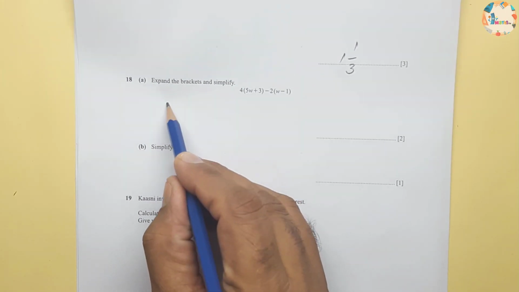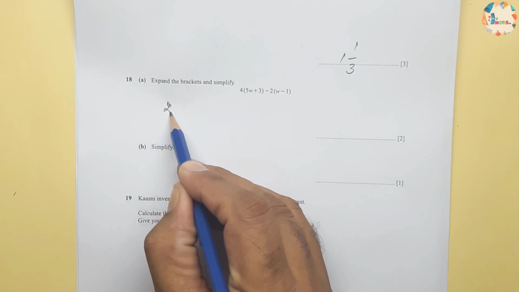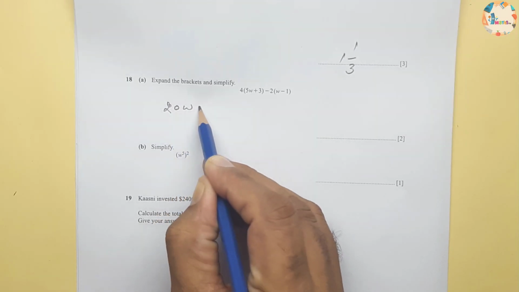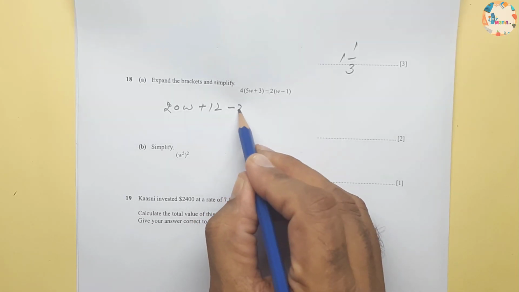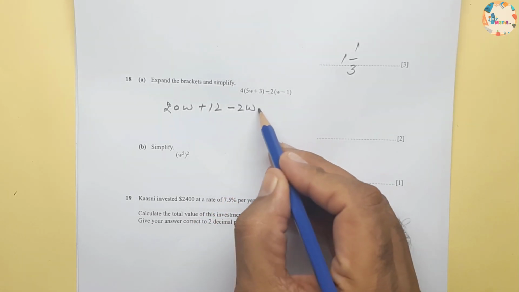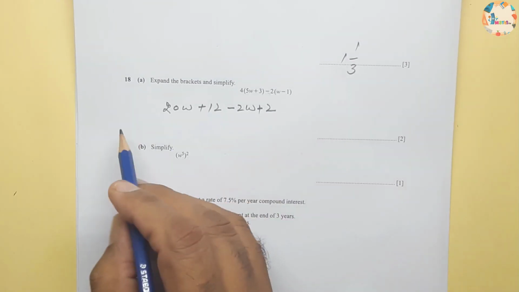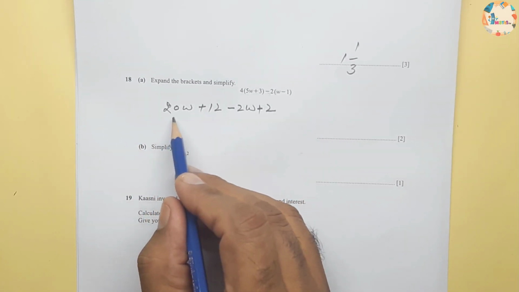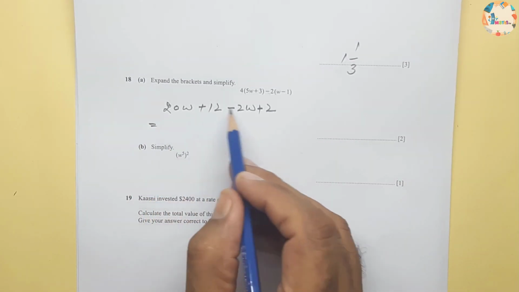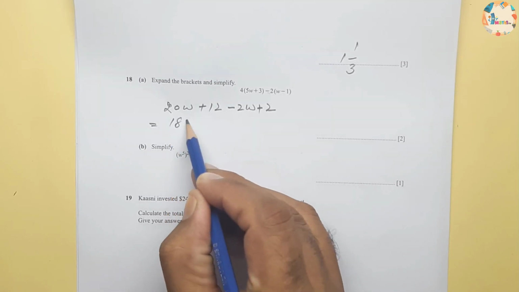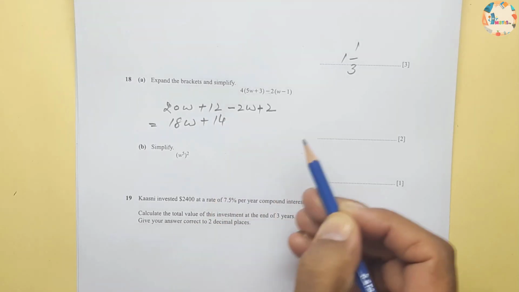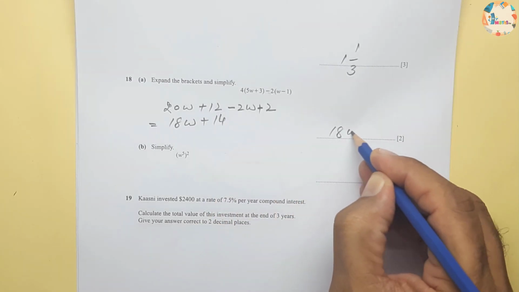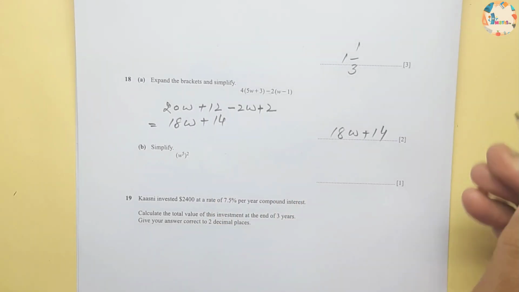Expanding will be 20w plus 12, minus 2 into w will be minus 2w, minus 2 into minus 1 will be plus 2, and now we'll have to add like terms. 20 minus 2 will be 18w, and 12 plus 2 is 14. So this will be our answer, 18w plus 14.